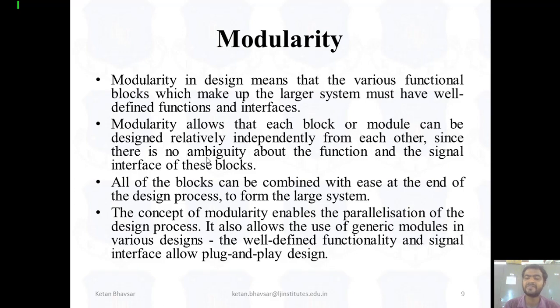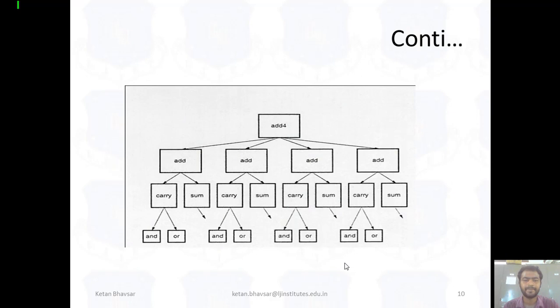The well-defined functionality and signal interfaces allow plug-and-play design. The generic modules we can implement with Xilinx or with the help of VHDL and Verilog programming. So we can design a plug-and-play system with the help of modularity, and a plug-and-play system is possible only if each and every module works perfectly.